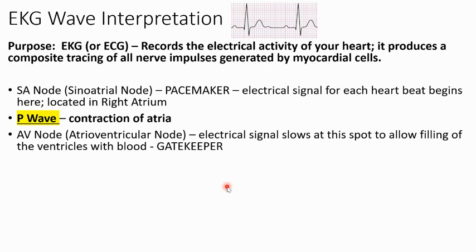Then the signal is going to go to the AV node, also known as the atrioventricular node. Now, this is also known as the gatekeeper. So what happens is, if you remember visually the muscle contraction graph compared to the nervous system depolarization, repolarization graph, and the time that ran along the x-axis.